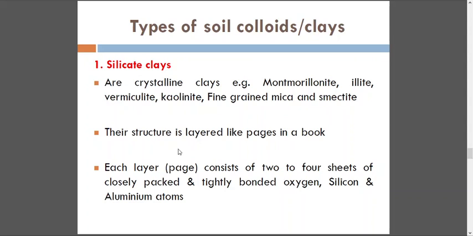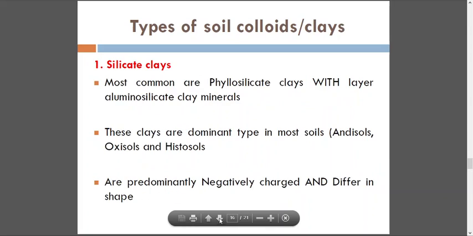Their structure is layered like pages in a book, like we said earlier. So they have sheets of paper in a book stacked together, and they are normally closely packed and tightly bonded by either oxygen, silicon, or aluminium atoms.